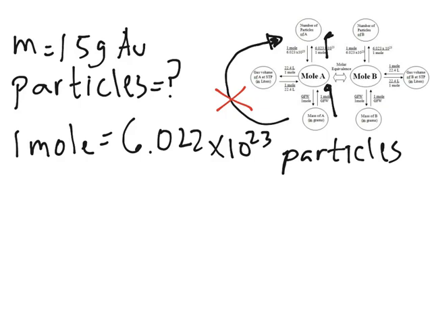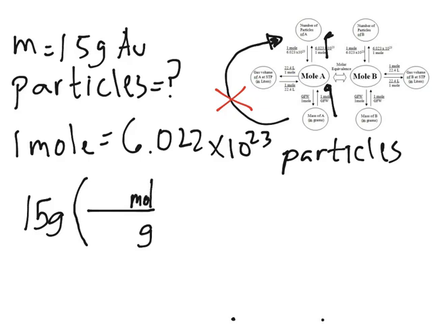So let's convert this. As we did before, we write the given unit, 15 grams, times a fraction. We write the given unit again and the desired unit. As we cannot go directly to particles, we write moles first. Then I do the same again.